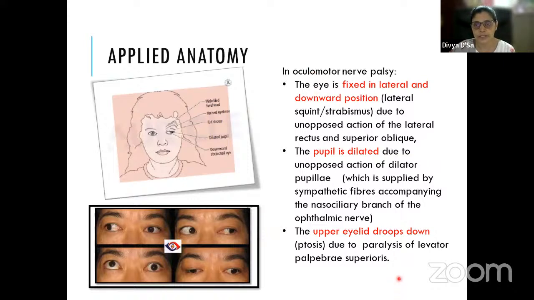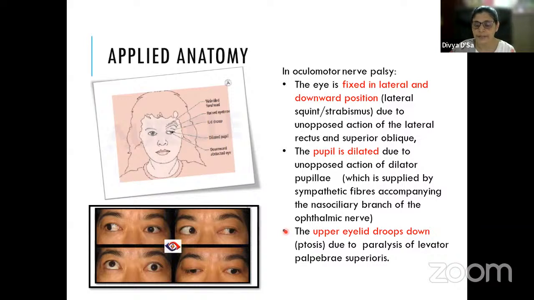In oculomotor nerve palsy, when the nerve is involved, the eye will be fixed in a lateral and downward position, which is known as lateral squint or strabismus. Why?